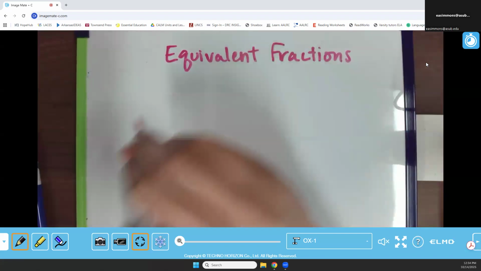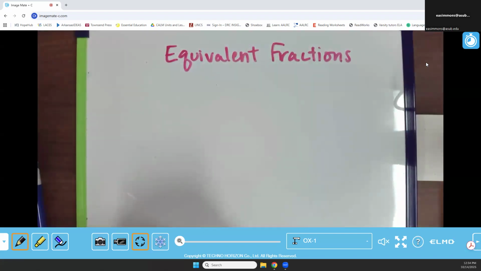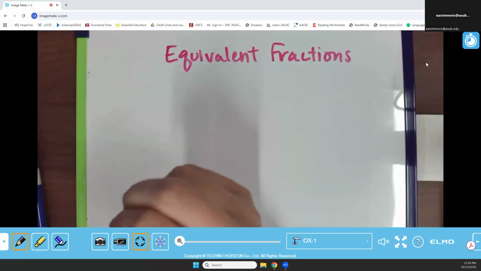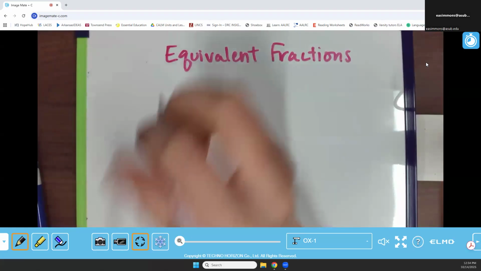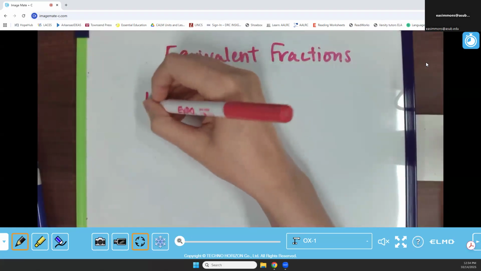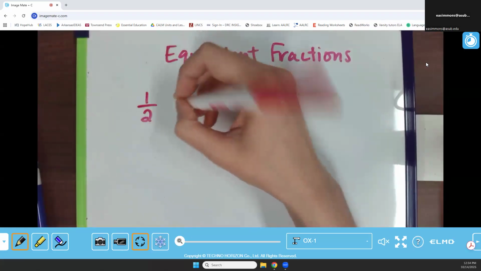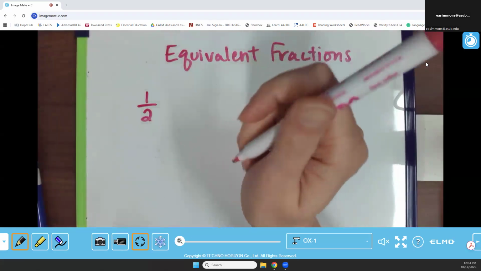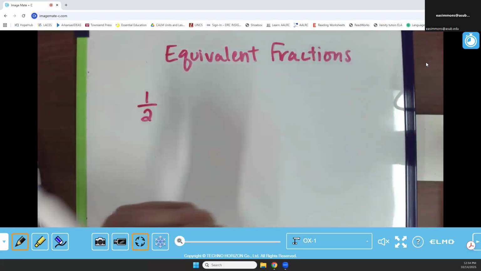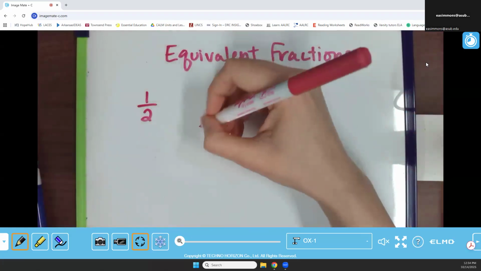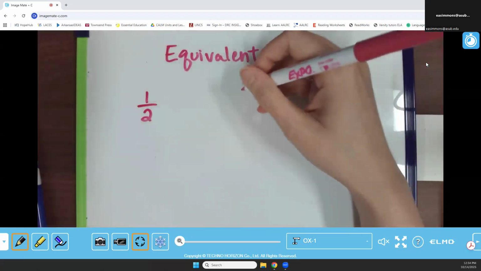So like where our 12/24 is equal to 1/2, 12/24 is equivalent to 1/2. We can make equivalent fractions by taking any fraction and multiplying both the numerator and the denominator by the same thing. When we're thinking of fractions, any number over itself is equal to 1.